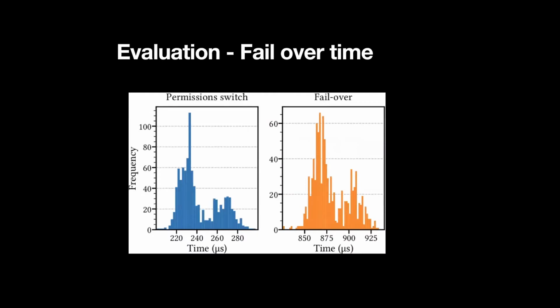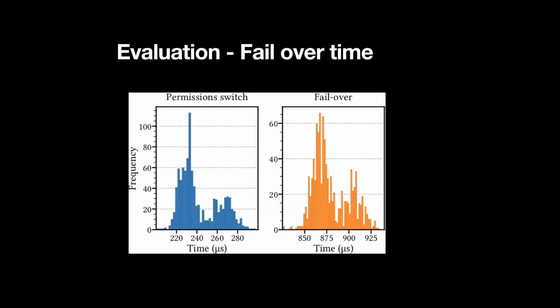The previous one was an evaluation of the replication part of the algorithm. This is an examination of the failover time in the algorithm. It is made up of two components. There is failure detection time, which is shown on the right, and we can see that it is slightly under 1 millisecond.